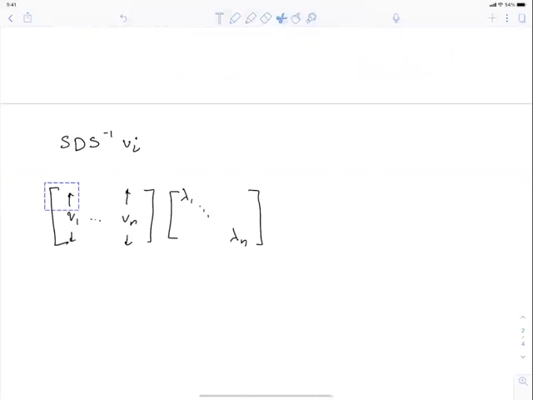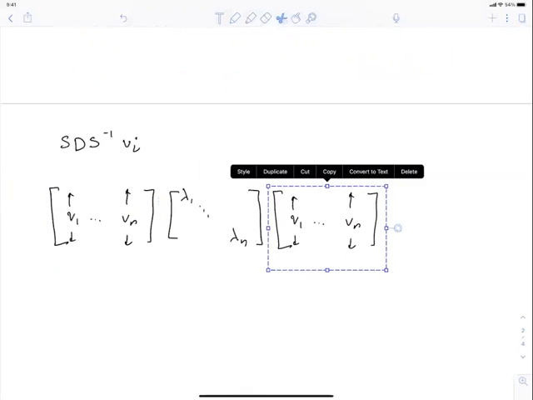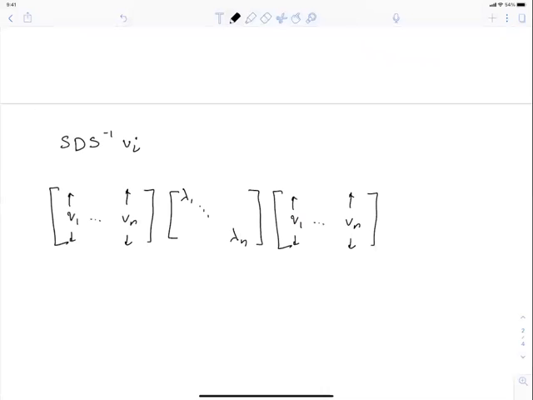And our S inverse is just S inverse times v_i. And we're going to evaluate this and see if we get, in fact, lambda_i times v_i. All right, so we're just going to do this right to left. And the first step is applying S inverse times v_i.